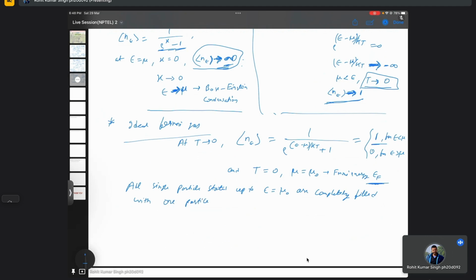We have one particle if E is less than mu naught, and 0 for E greater than mu naught. So one particle each, and states with E greater than mu naught are empty, right?